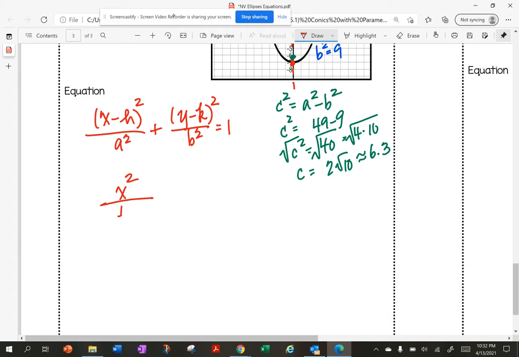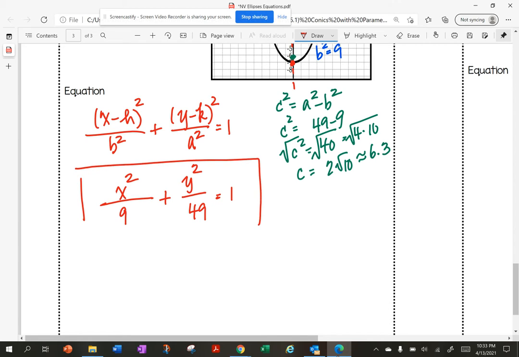I'm sorry, a is under y because we have a vertical ellipse. So b squared is 9, plus y squared, because k is 0, divided by 49 equals 1. So here's my equation.